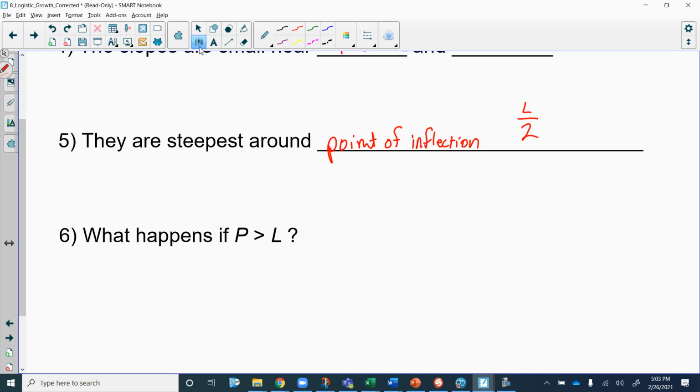If the population is greater than the carrying capacity, the slopes that we would see of our differential equation would be negative, meaning that the population, whatever it is, decreases.